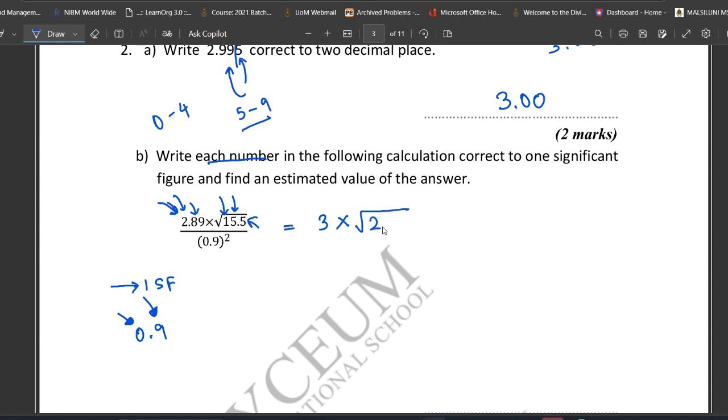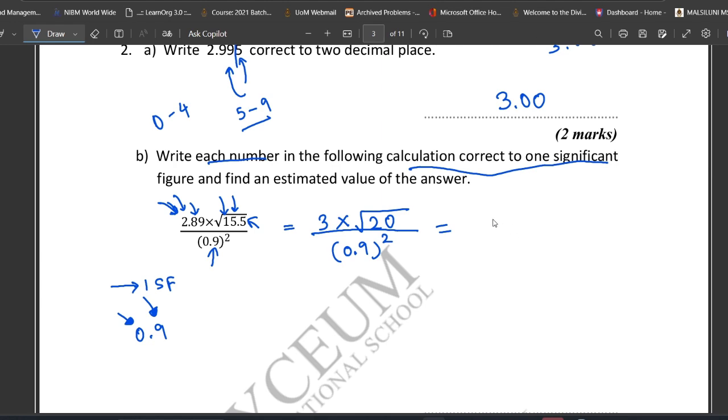Now we can write it as 20. And when we look at 0.9, the first significant figure is 9. And it is already correct to one significant figure. So we write that without any change. Now it's like this. Then we can get the answer using the calculator.